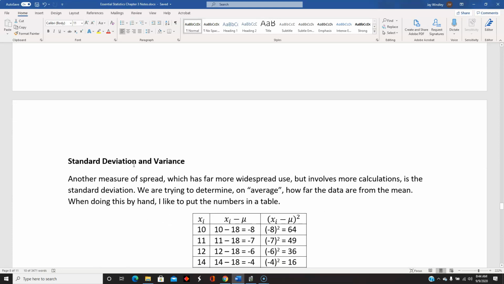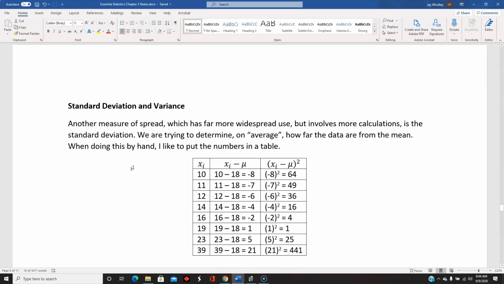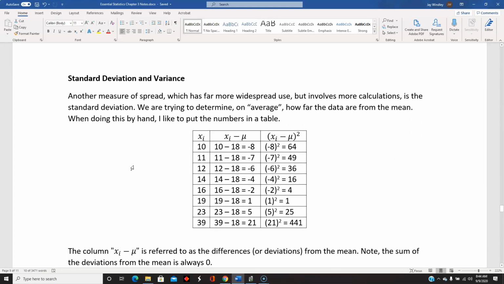the final sort of discussion is another measure of spread, which is really widely used a lot in this class later on especially, and that's standard deviation and variance, which kind of go hand in hand, as you'll see in a second. So we want to try to figure out, on average, how far is the data from the mean.